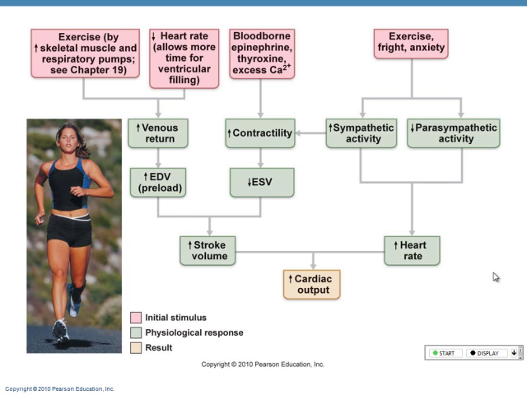Not only can hormones like epinephrine and norepinephrine regulate heart rate or contractility, but hormones from the thyroid gland can do that too. Things like thyroxine. What's that? T4. So that can also have an effect on heart rate and contractility. And then ion concentration.